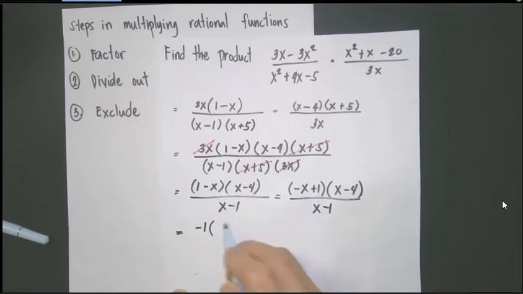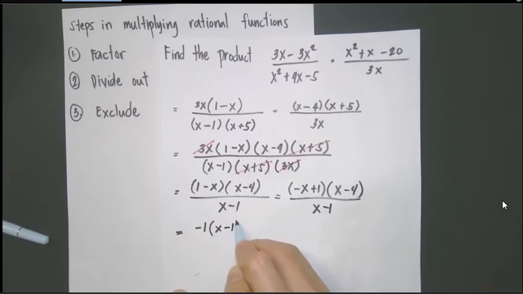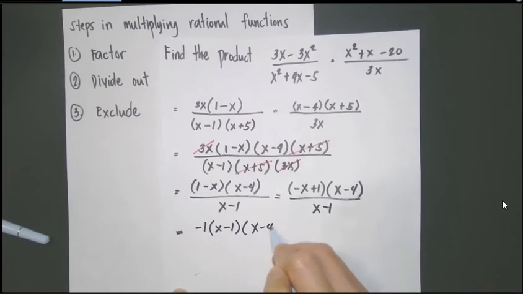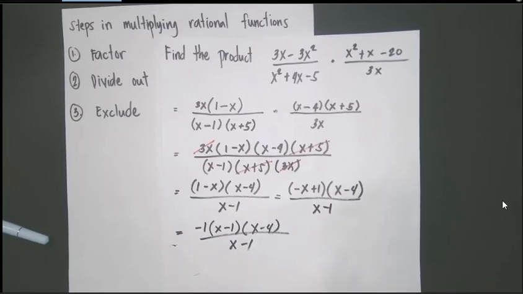So negative now will be positive, and that positive now will be negative, giving x minus 1. Let me double check that. Negative 1 times x is negative x. Negative 1 times negative 1 is positive 1. So we did not change the value, we only changed the sign. In this case, we can now cancel x minus 1. Those two cancel out.